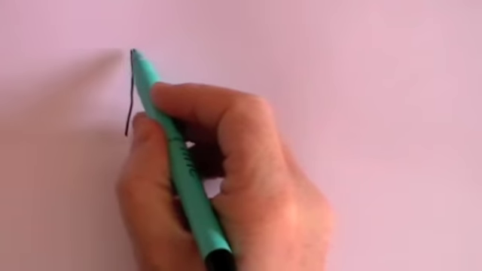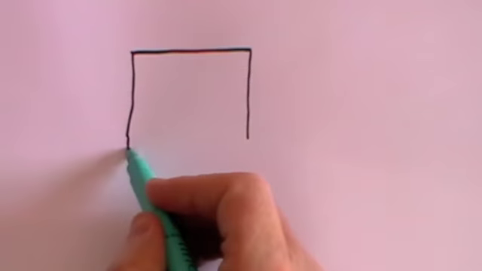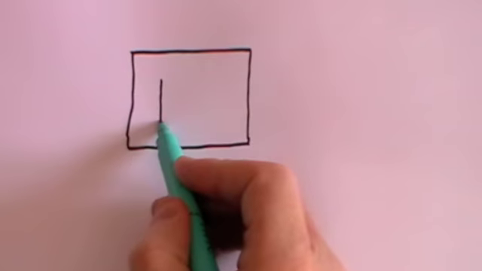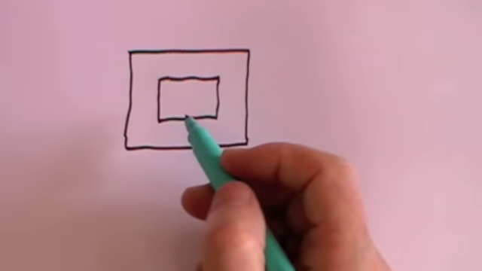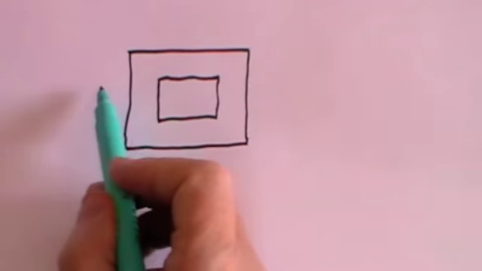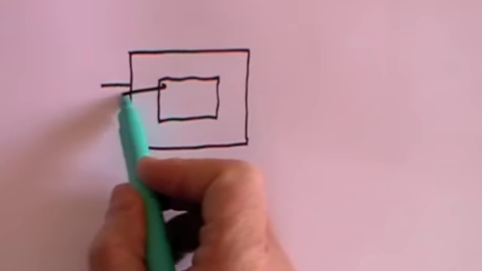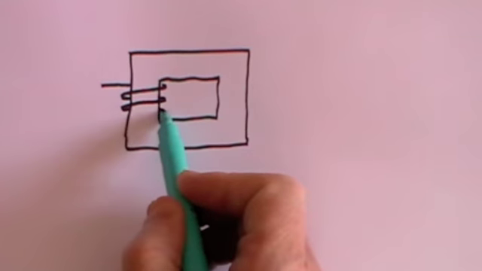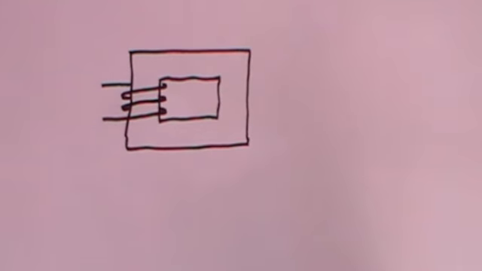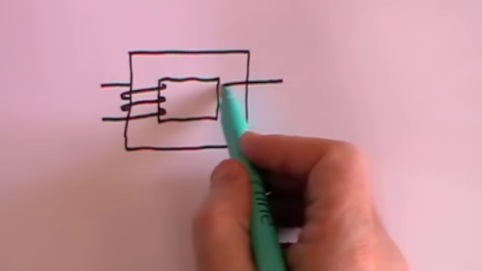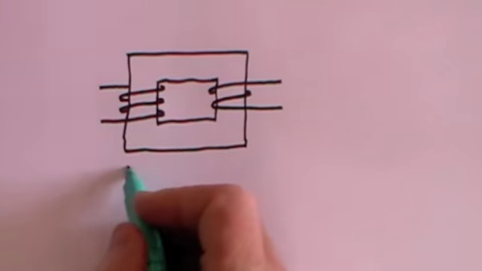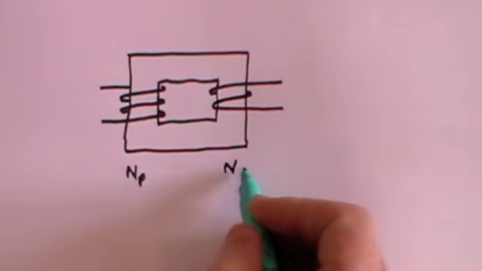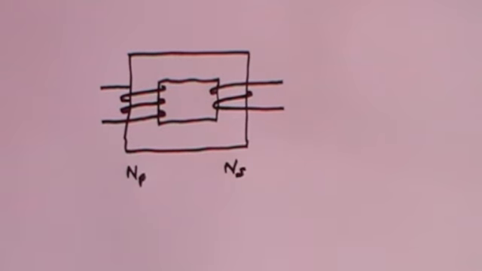Well, it's usually based on an iron block. What we do is we take a piece of iron with a hole in the middle, so it's a square shape, and we put our primary coil around this part here, and we put our secondary coil around this part here, and that's the number of turns in the primary, that's the number of turns in the secondary.